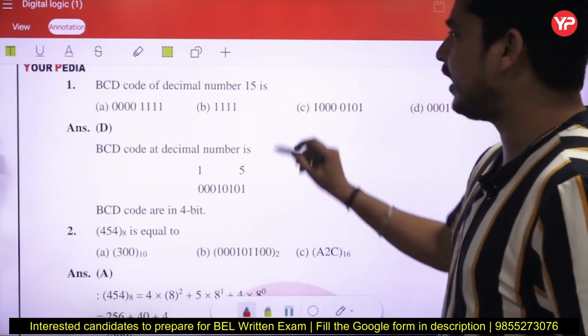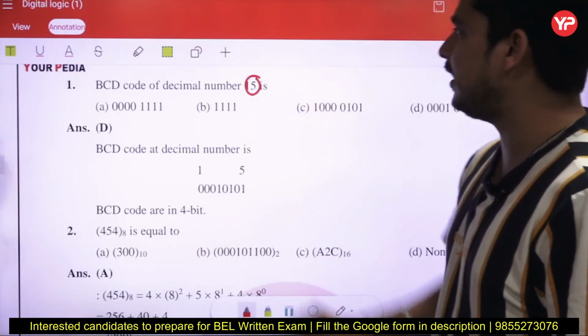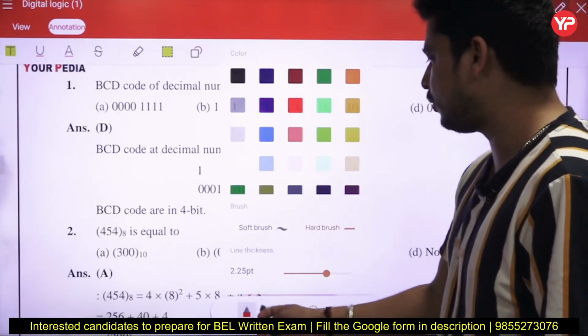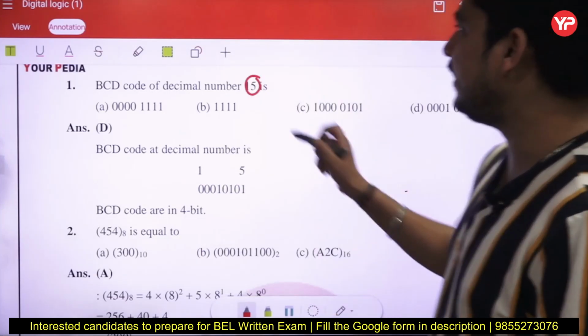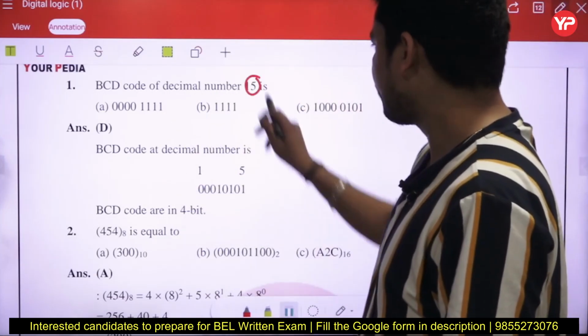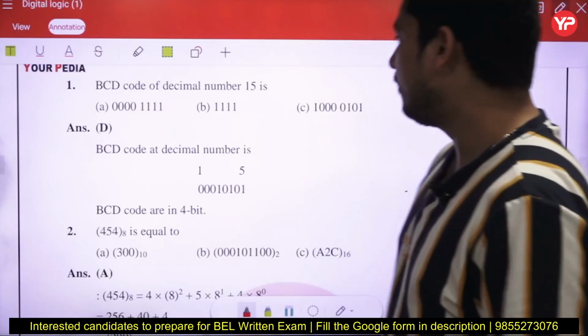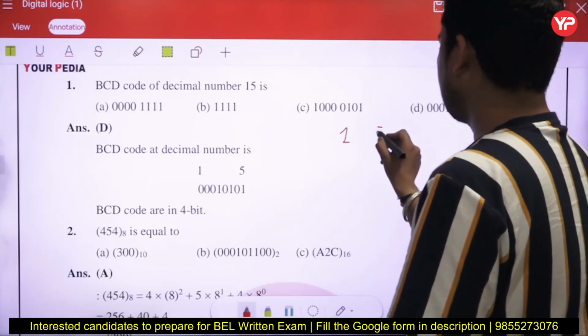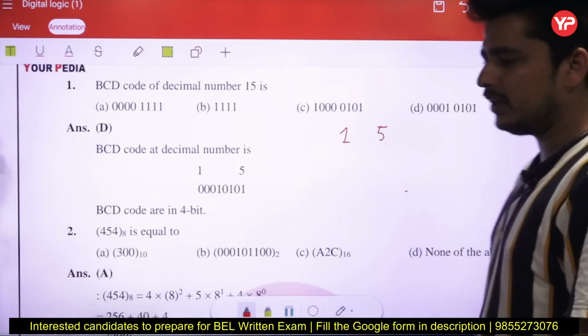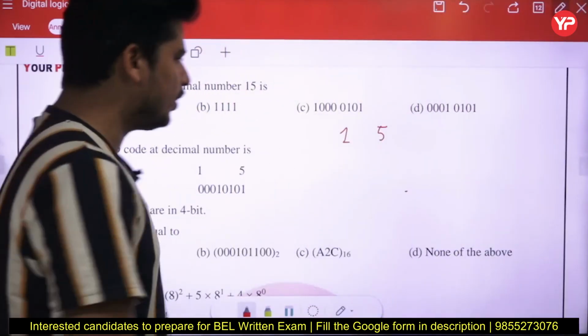Whenever you are writing a BCD number for a given number, let us take it is given that we have to write a BCD number for 15, right? So how can we write it? First, binary coded decimal: 1 and 5. You have to write 1 and 5 separately.